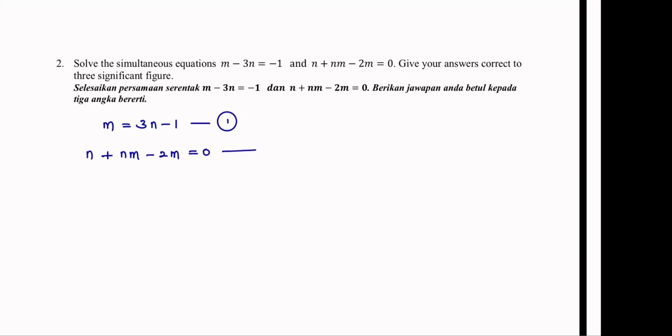So this is equation 2. Actually, what I'm trying to highlight is this. They ask you to give the answer correct to 3 significant figure. Maksud dia, soalan ini tak boleh factorize. That means bila ganti dalam dia, you akan dapat ni.